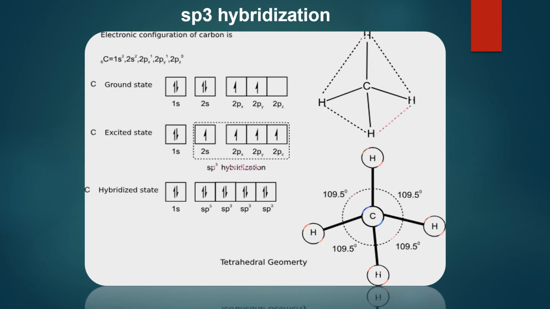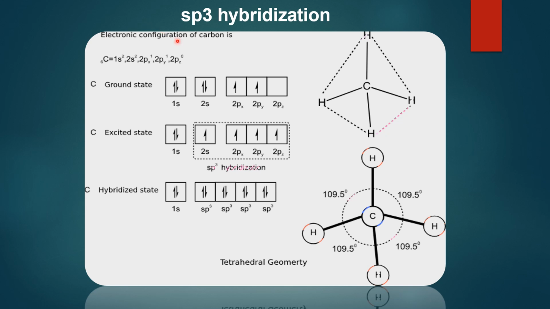The next type of classification is sp3 hybridization. Here, the mixing of 1 2s atomic orbital and 3 p atomic orbitals to produce 4 hybrid orbitals with comparable properties is referred to as sp3 hybridization. An atom needs 3 p atomic orbitals and 1 s atomic orbital in order to undergo sp3 hybridization.